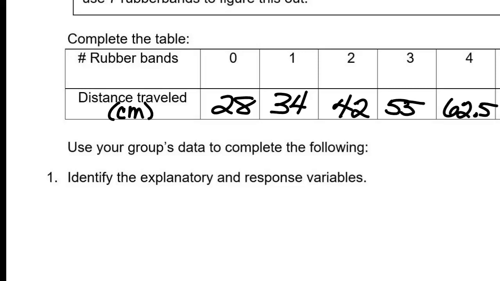So as you're thinking about this, the Barbie bungee jump, you've got rubber bands, that's one of your variables, and then you have distance traveled, that's the other variable. The explanatory variable, if you want to think in terms of algebra, is your independent variable, your x. Your response variable is your dependent variable, your y. So which one of these two, the number of rubber bands or the distance that she traveled, would be the explanatory?